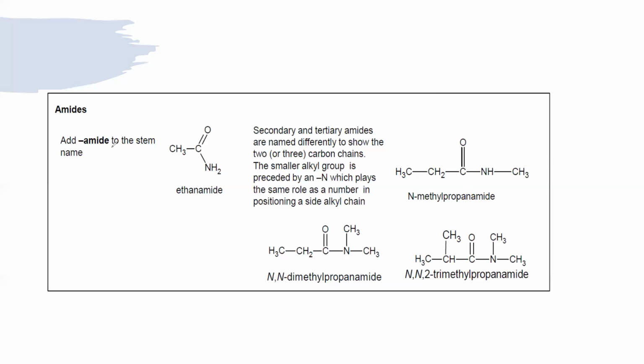So how do we name this? Instead of amine, we will add amide to the stem name. For example, you can see here 2 carbon atoms. So 2 carbon atoms we'll call eth.